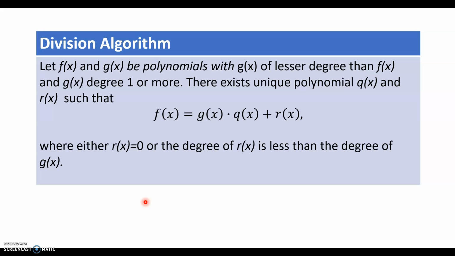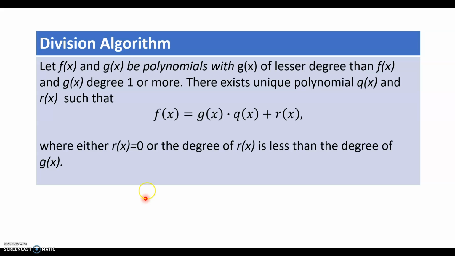So you can divide f of x by g of x, and there will exist a unique q of x known as the quotient, such that g of x times q of x plus r of x, which is your remainder, would equal f of x. This is what the division algorithm is saying.